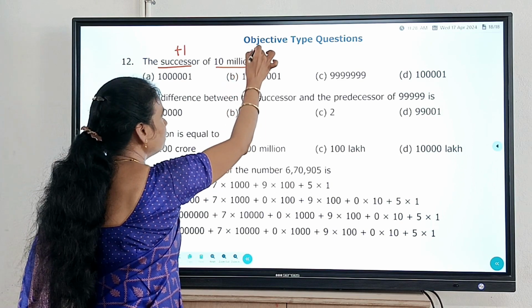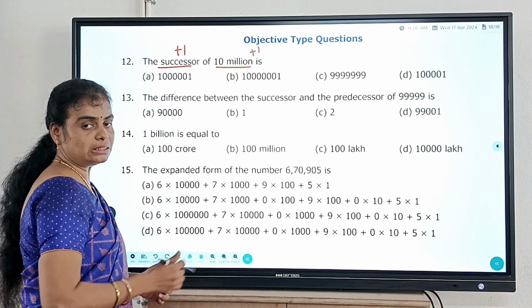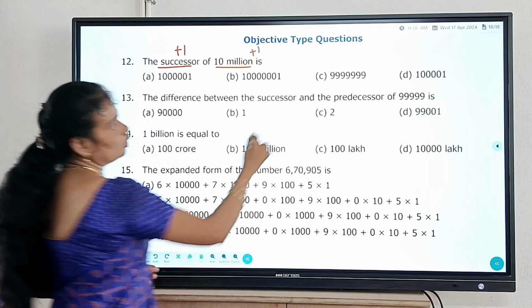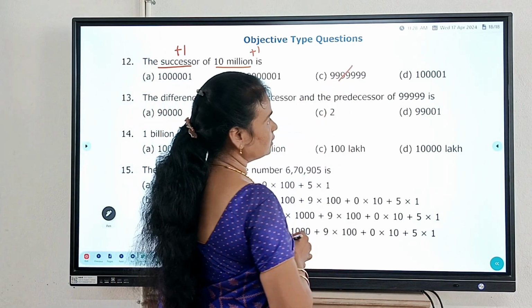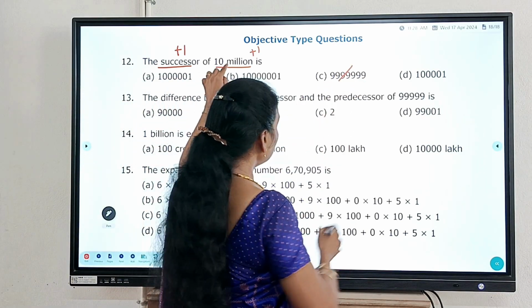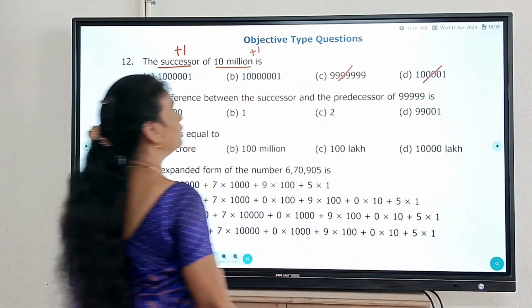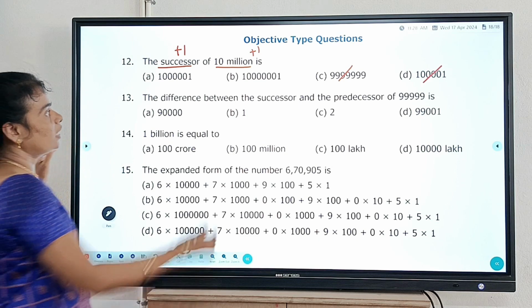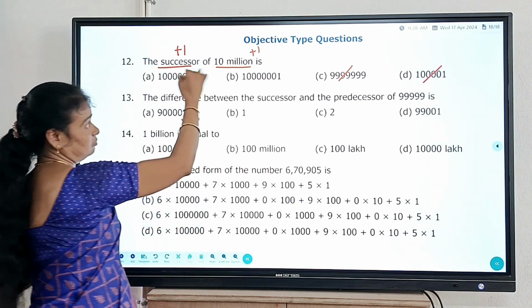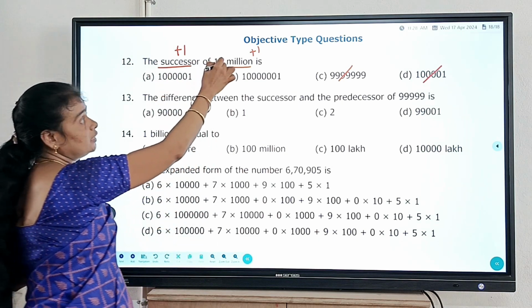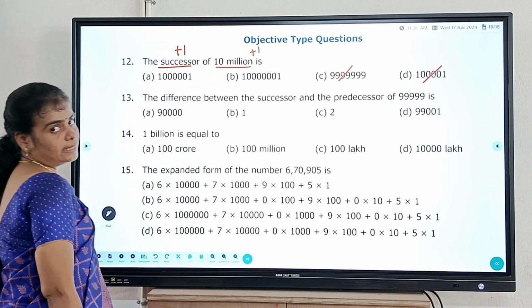So it means 10 million and 1. Anyway, the last digit is going to be 1. So this is not a right answer. And this is not a 10 million, so this is not going to be the right answer. So now see the place value in the international system because millions is given.